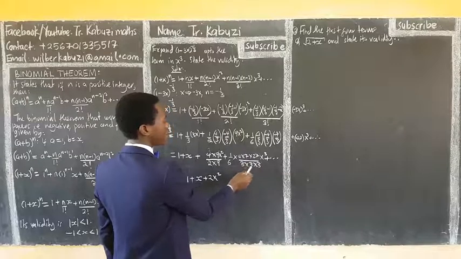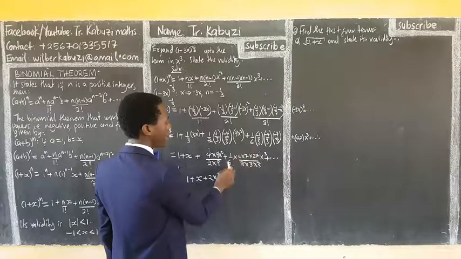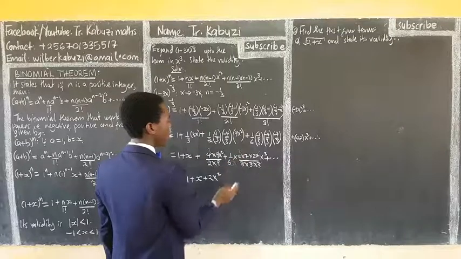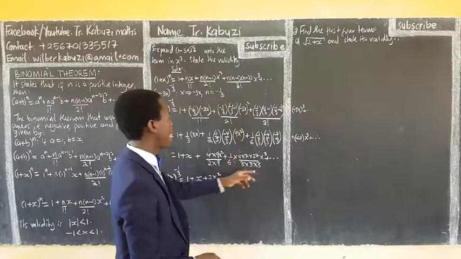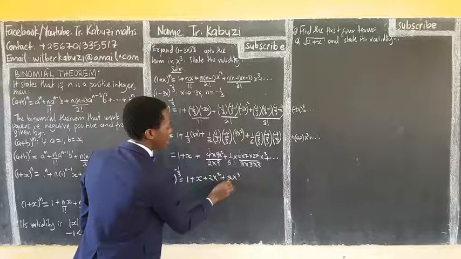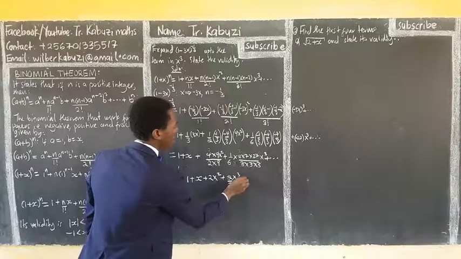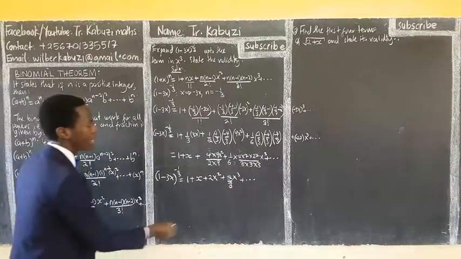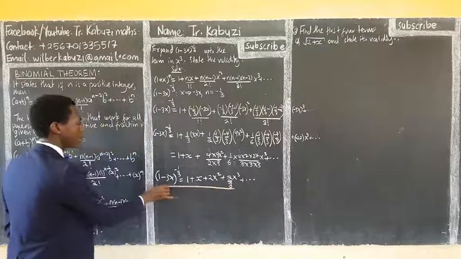So the whole of this is going to be 27. So here by 2, by 2, 3. And you see 2 times this. So we have plus 2x cubed, the whole over 3, plus other terms coming. And so we have expanded that.